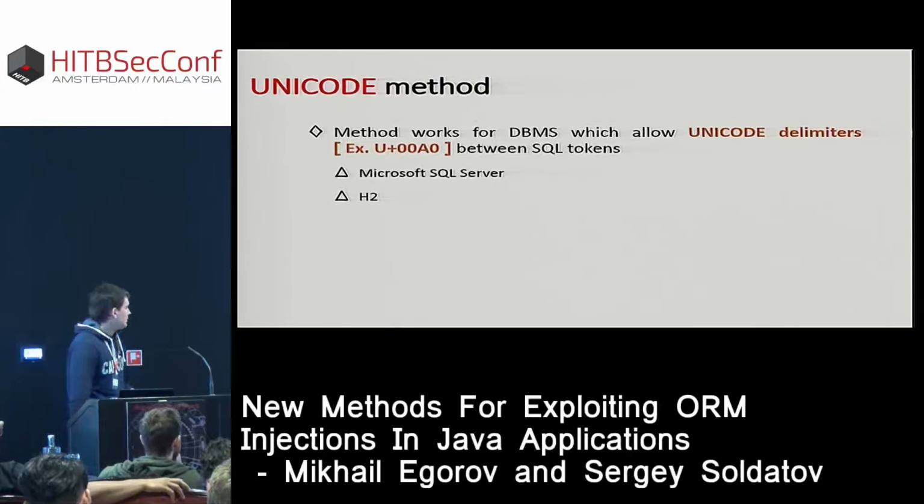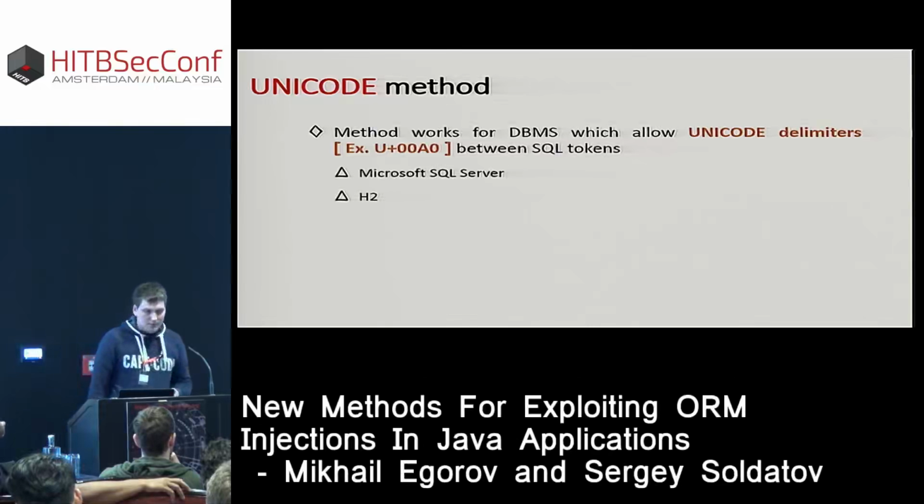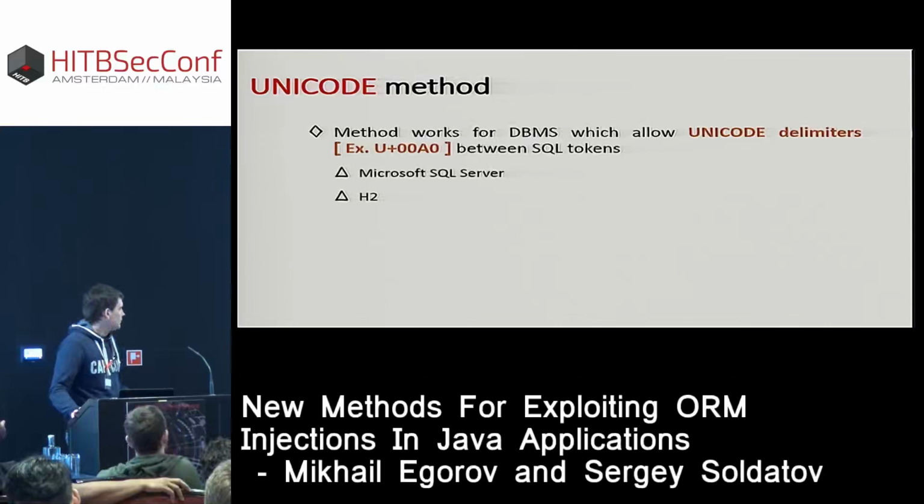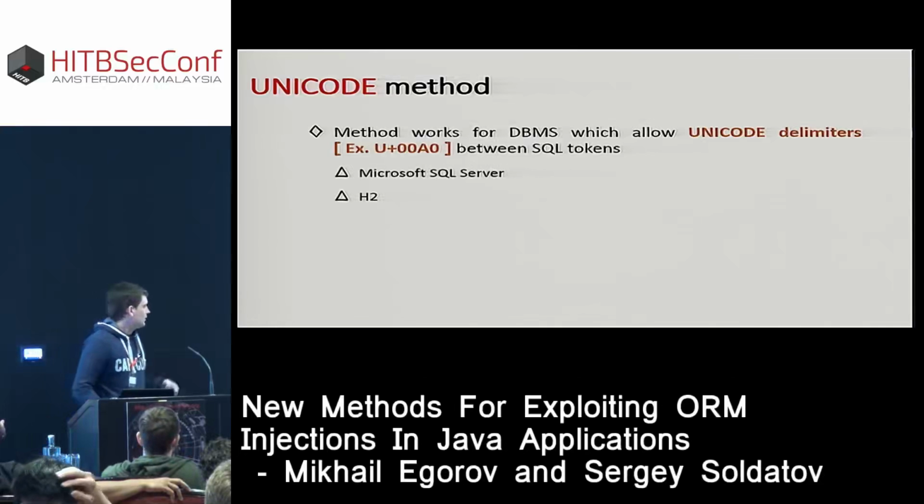The next method has the name Unicode. It turns out that some database management systems allow using Unicode delimiters, like this Unicode symbol 00A0, as token delimiters in a SQL query. So we found that Microsoft SQL Server and H2 databases allow Unicode delimiters.